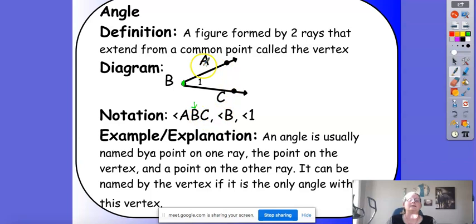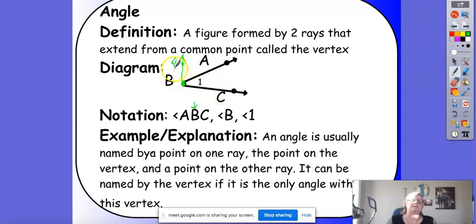I can also, in this particular diagram, talk about angle B and just call it by the vertex. However, if I had something else coming out over here, if I just said angle B, I can't do that because I don't know which angle you're talking about.